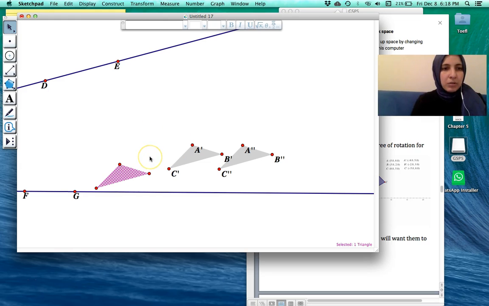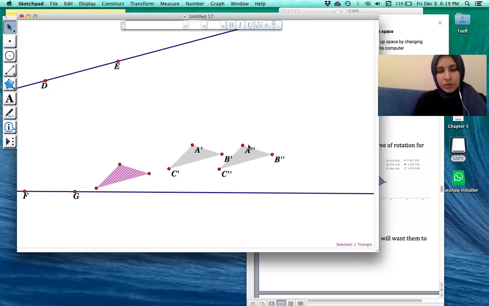All of them are connected with each other. Also, the first translation gives the triangle A', B', C'. The second translation gives A'', B'', C'', which are not equivalent. In some situations it can be true, but we don't make a generalization.